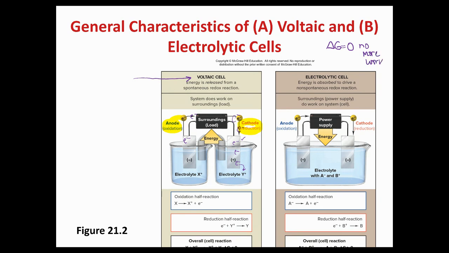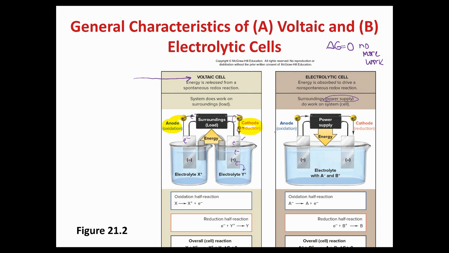then we have to provide an outside source of energy. So you have a power supply, you have an outside current, and that's going to force a non-spontaneous reaction to happen.